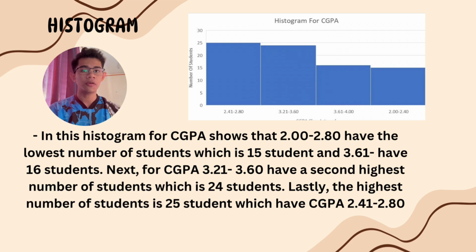Next, CGPA 3.21 until 3.60 has the second highest number of students, which is 24 students. And lastly, the highest number of students is 25 students, which have CGPA 2.41 until 2.80.